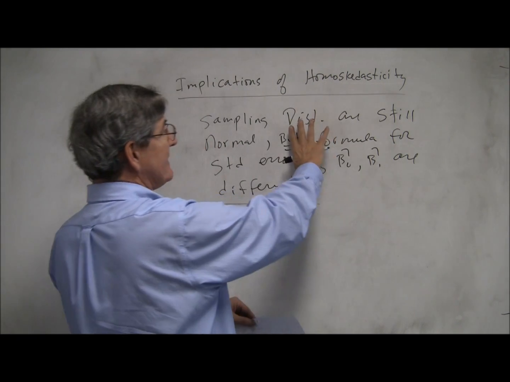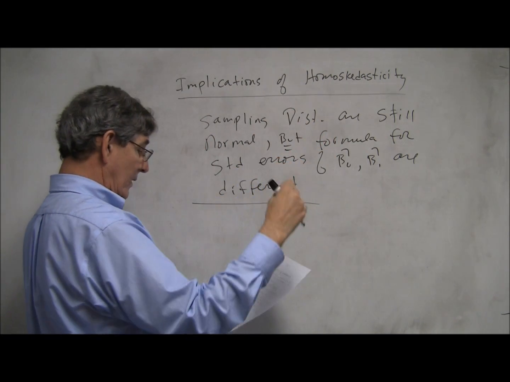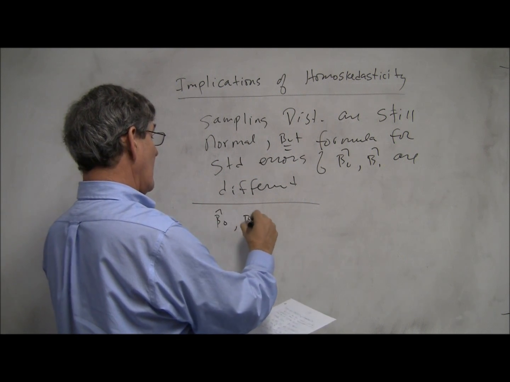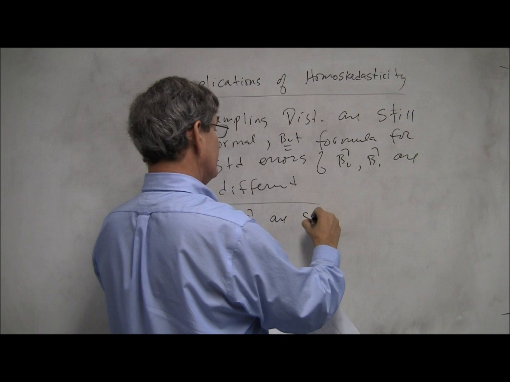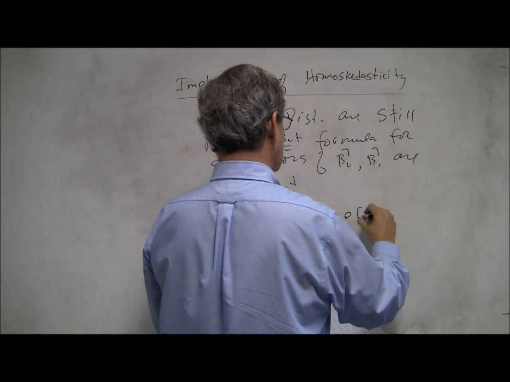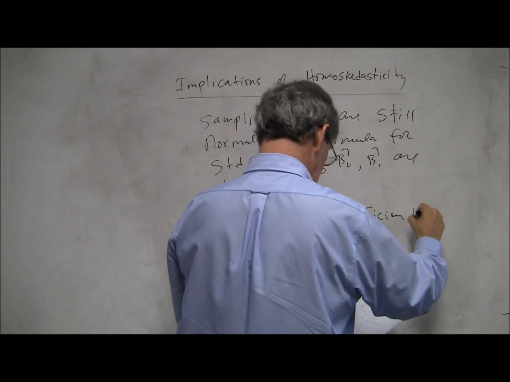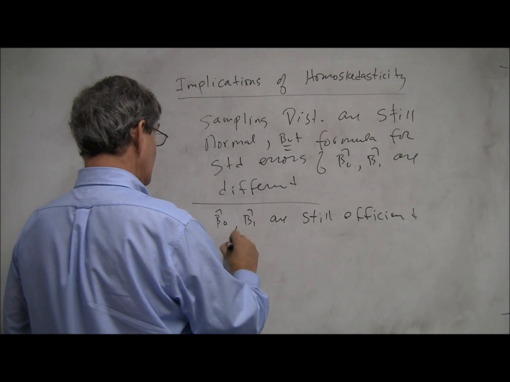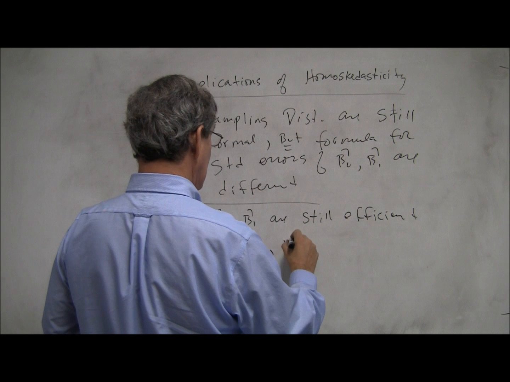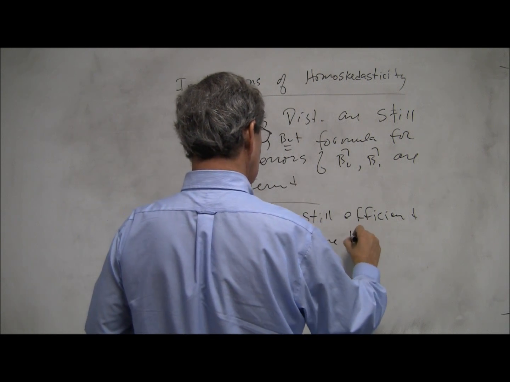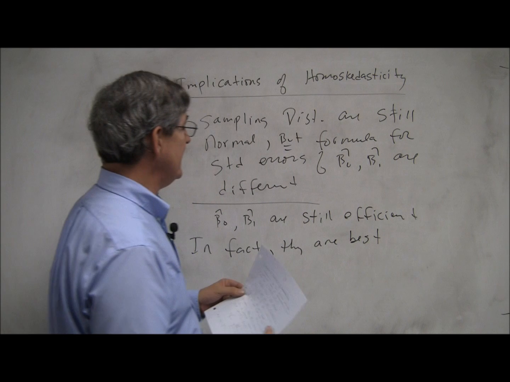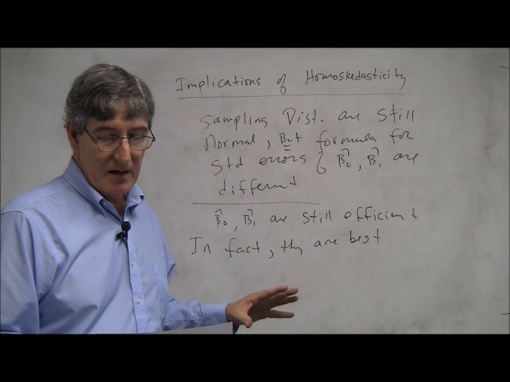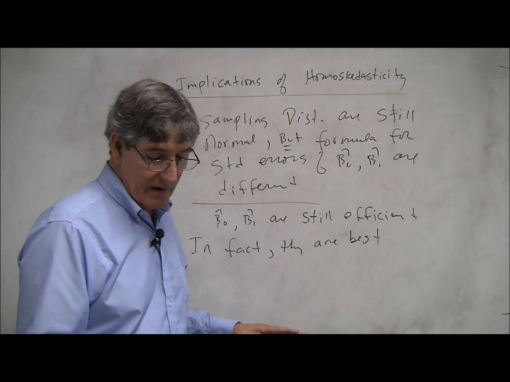I'll show you these different formulas in a second. Finally, beta naught hat and beta 1 hat are still efficient. In fact, not only are they efficient, they are best. Under homoscedasticity, there is no other linear estimator that has a smaller variance.